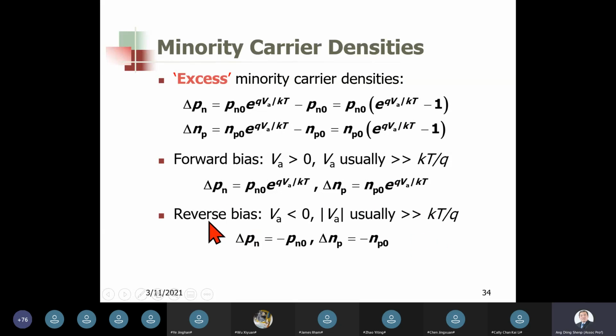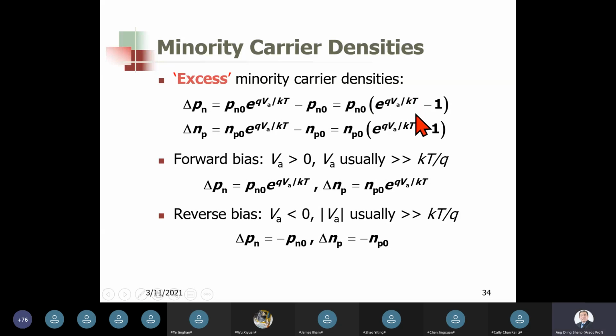Now, a similar simplification can be made for reverse bias when VA is negative. When the magnitude of VA gets much larger than kT over q, and remember under reverse bias VA is a negative quantity, this will make the exponential term much smaller than 1.